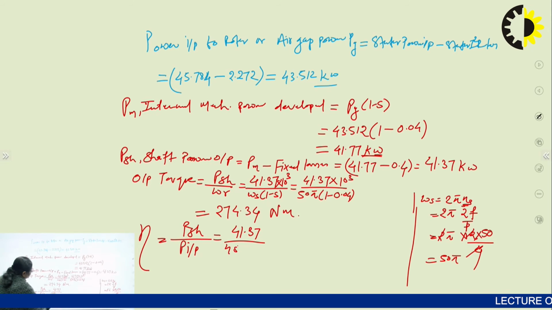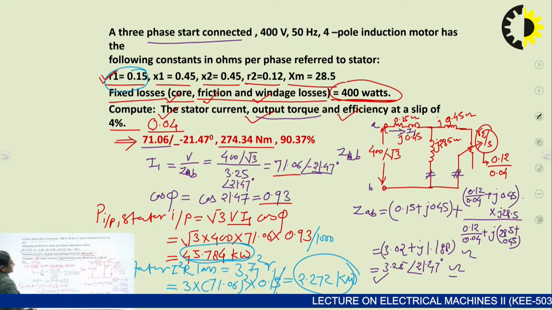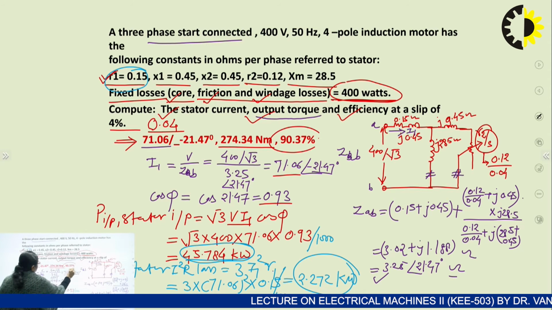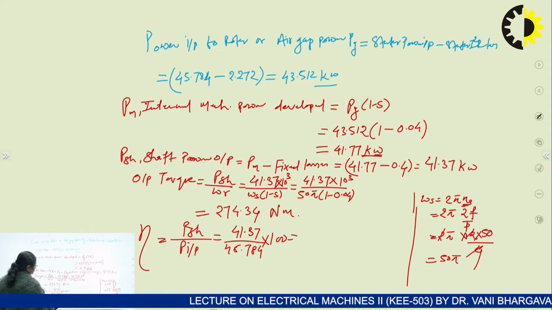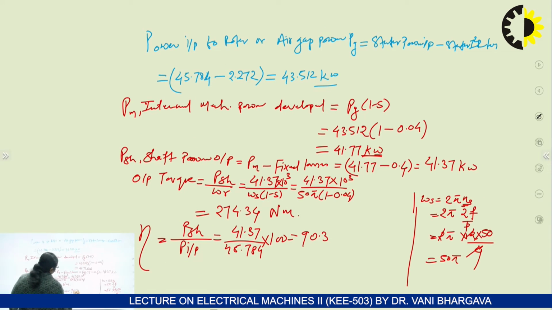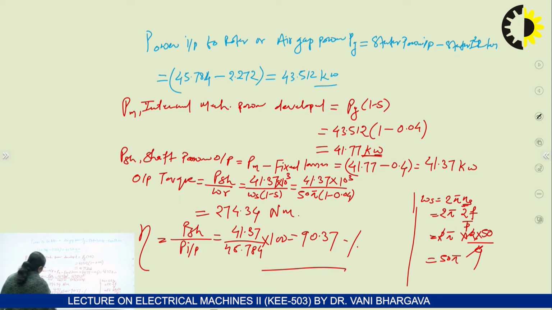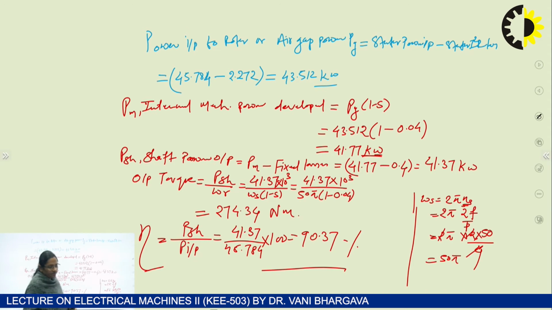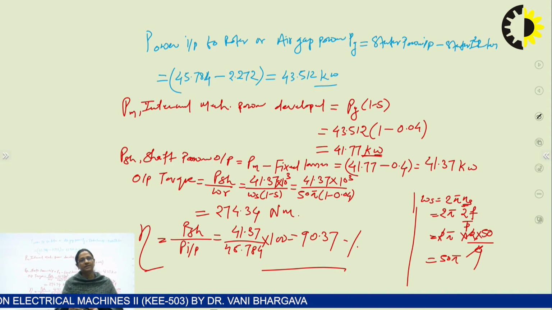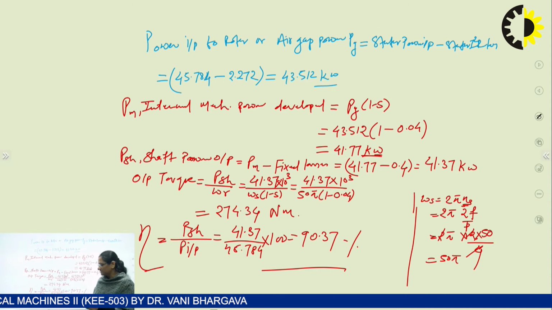So 41.37 divided by 45.784 multiplied by 100 to get it in percentage, and solving this you will get an efficiency of 90.37%. Right? So in this manner you can very well solve this question and also such type of questions. For any query, please write in the chat.